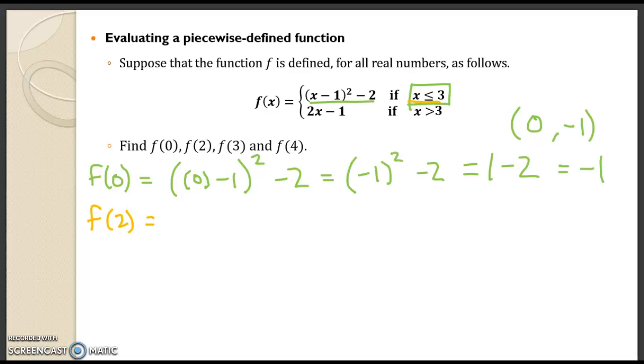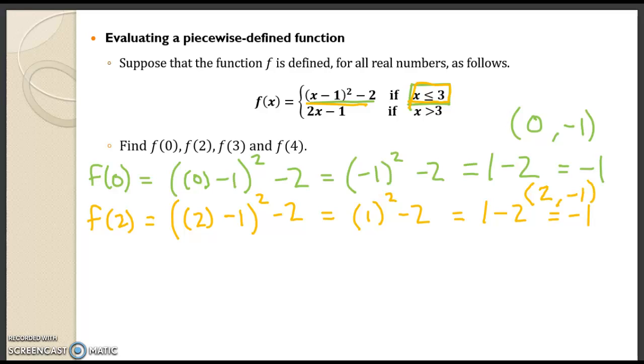Well, 2 is less than or equal to 3, so again we're going to use that same piece. That's why it's called a piecewise function. So we're going to plug in 2 for x, so we get 2 minus 1, squared, minus 2. 2 minus 1 is 1, squared, minus 2, which is again 1 minus 2, which is -1. So we also have the point (2, -1) on our graph.